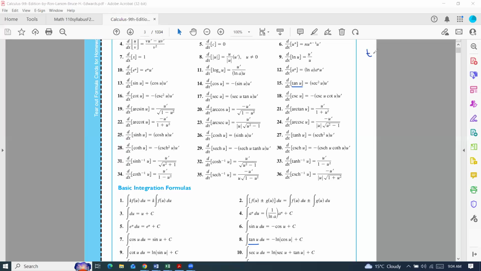Tangent is sine divided by cosine. So it turns out that we're going to need to find the derivative of a quotient, right? There is a special formula for the derivative of a quotient that is a little bit unpleasant. Usually we try to get rid of the quotients, but sometimes we can't. In fact, in most cases we can't.